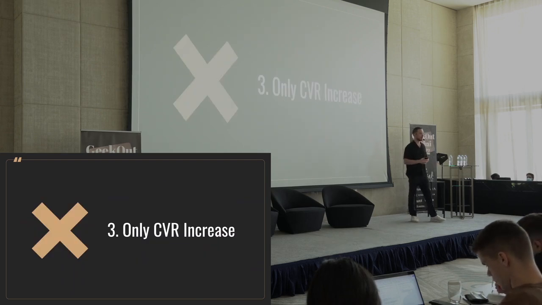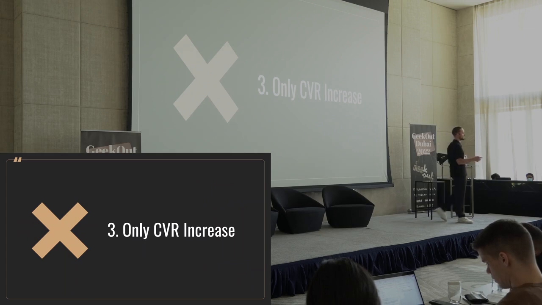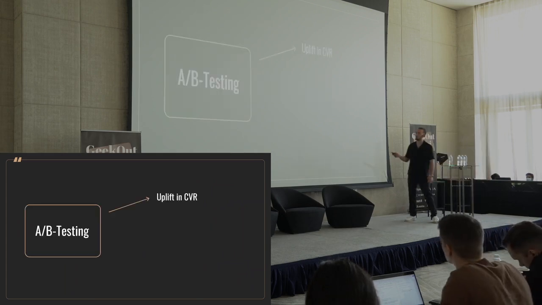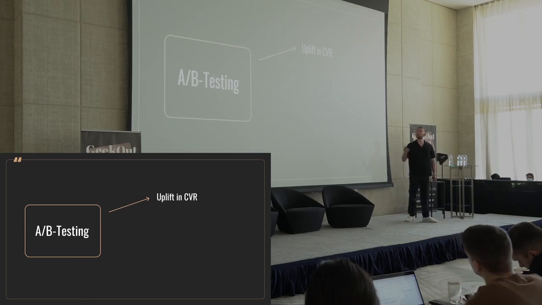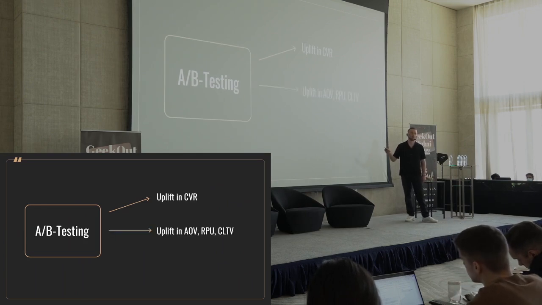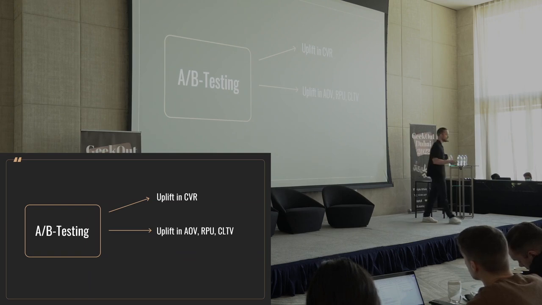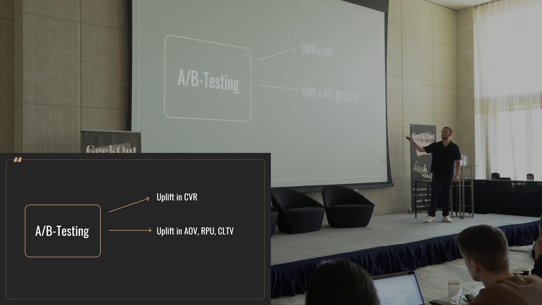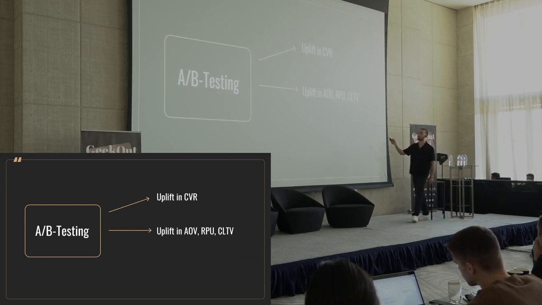And lastly, people think that with A/B testing, you're just going to increase your conversion rate. And obviously, you can increase your conversion rate. But also, what I've shown you guys earlier in the case studies, it's also about other KPIs in your store. Like you can bump up your average order value, you can bump up your revenue per user, or you can even bump up your customer lifetime value.